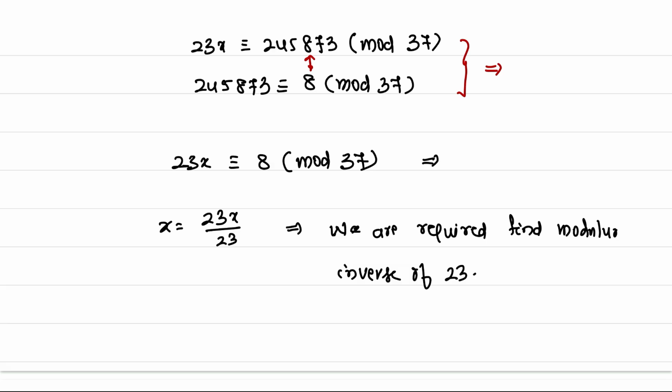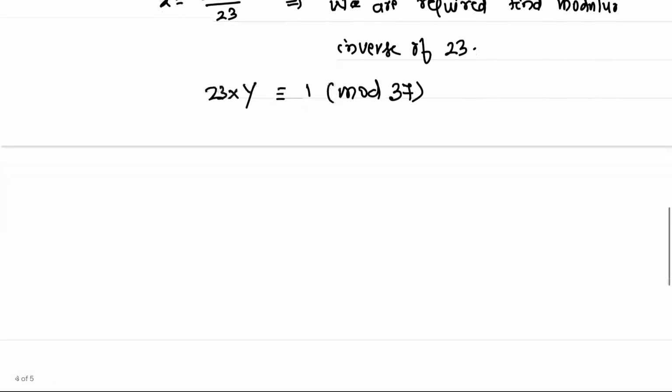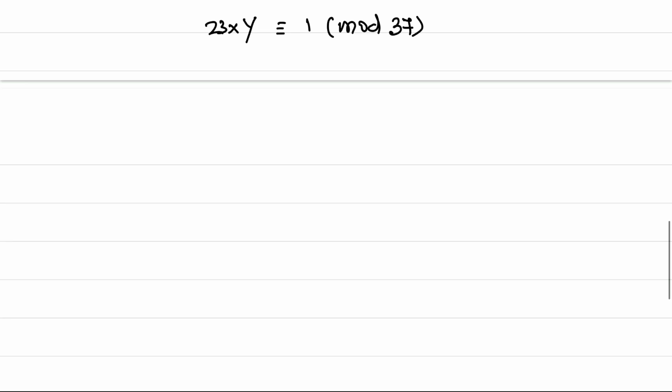It should be like this: 23 into y, where y is the modular inverse, should be 1 mod 37. Are you able to understand? We have to find that y value.